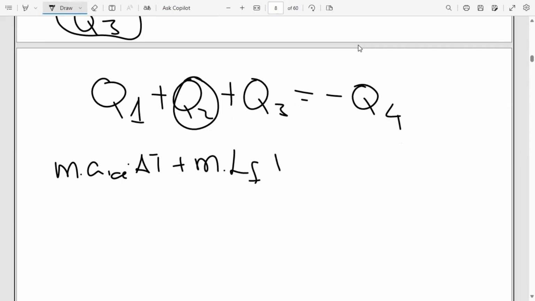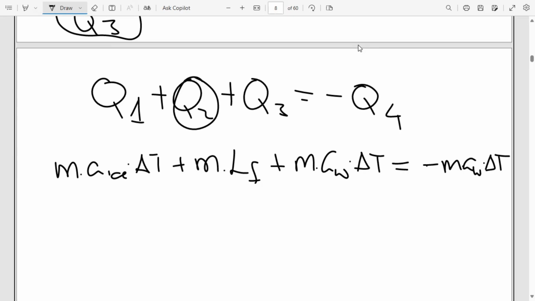Plus Q3. What is Q3? Q3 will be equal to mass multiplied by specific heat capacity of water multiplied by the change in temperature. And this is going to be equal to minus mass multiplied by specific heat capacity of water multiplied by the change in temperature.